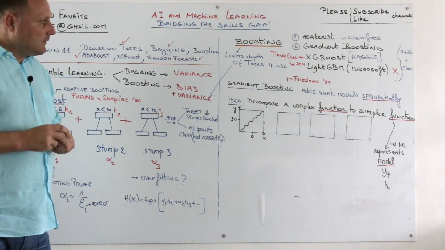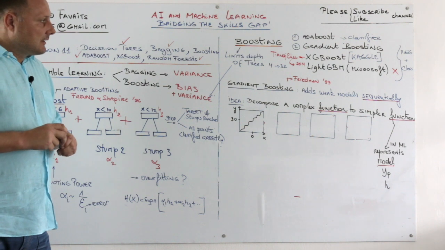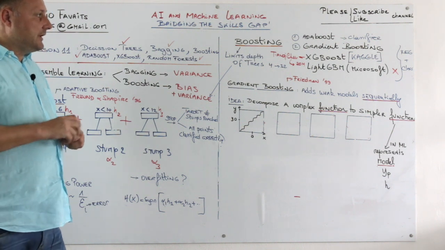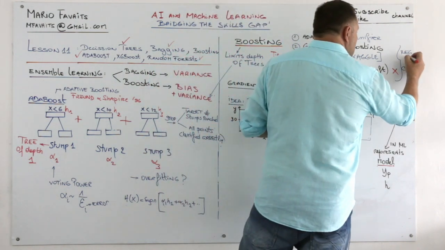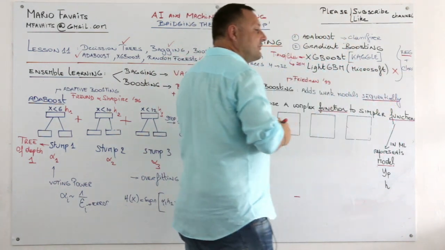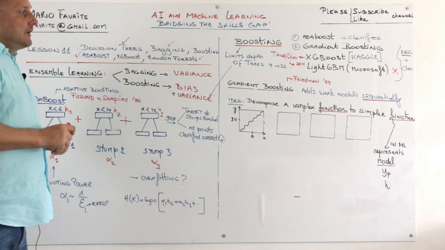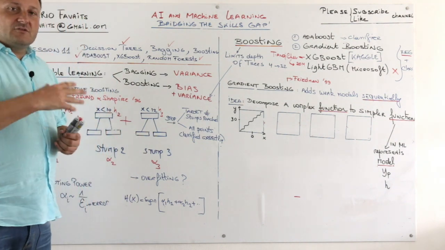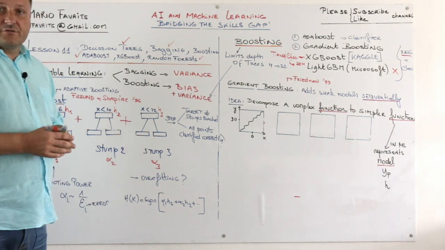Okay, now before we start with boosting, there are two things. One is I will explain the intuition of gradient boosting based on a regression example. From there, it's easy to go to classification because the only thing that differs is the cost function.